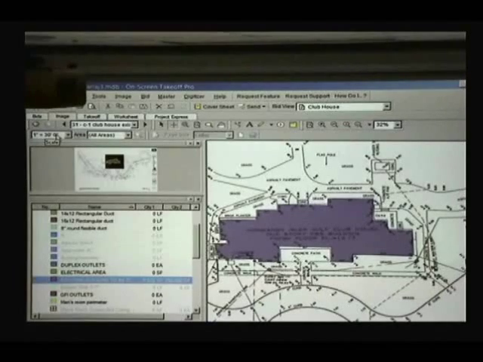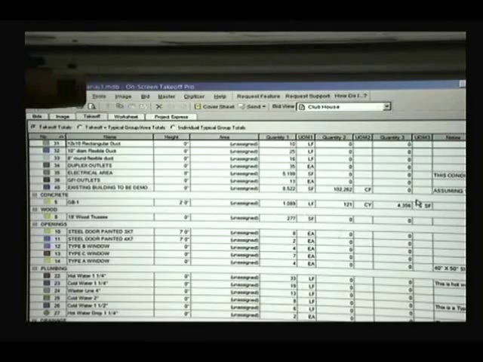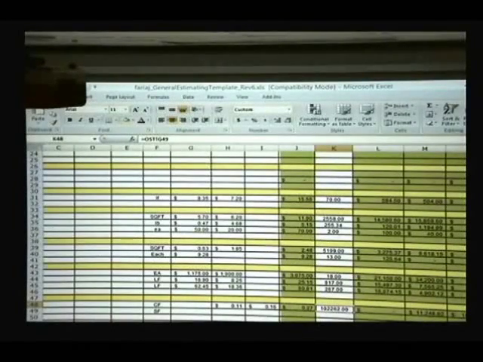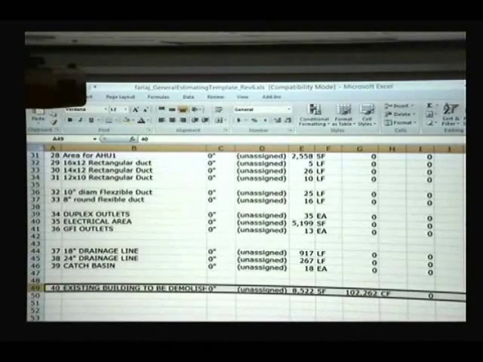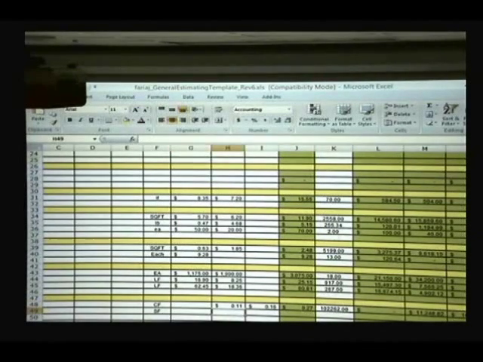So when we go to the takeoff, now the existing building to be demolished has 8,000 square feet and 100,000 cubic feet. So we copy that into our OST table, and because that's linked directly to the cost, this number here is updated.